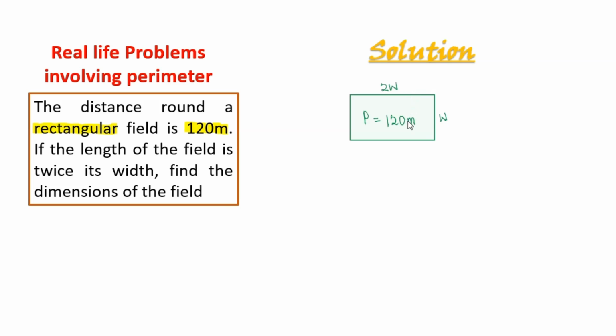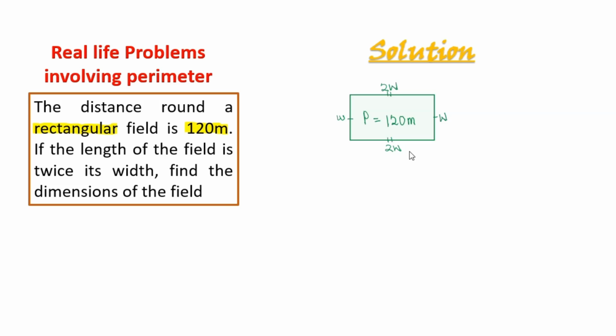We also know that in a rectangle, one of the properties is that it has 2 pairs of opposite sides congruent. So this side of the rectangle is the same as this side, and this side is also the same as this side. Hence, we will put here W, and we'll also put here 2W. Now let's go ahead and find the perimeter.